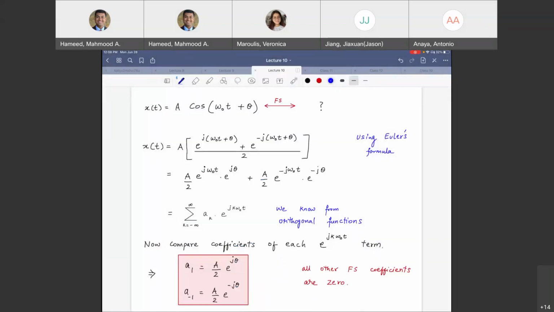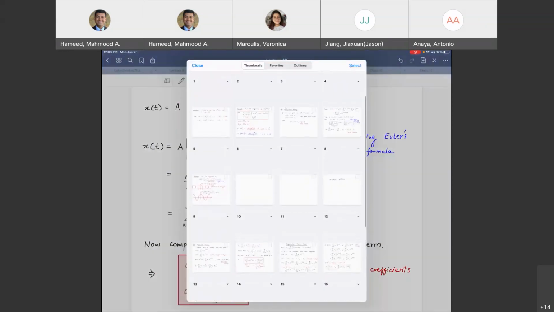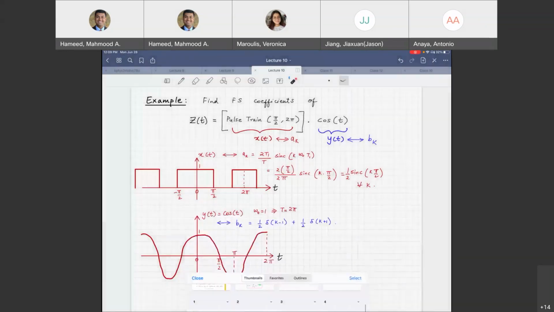Theta is 0 and A is 1, right? What do you get? This cancels out. You get half here, half here. So half when k is 1, half when k is -1. You can write that as two impulses. An impulse at 1, an impulse at -1. Half delta of k minus 1, half delta of k plus 1. You guys okay with that?